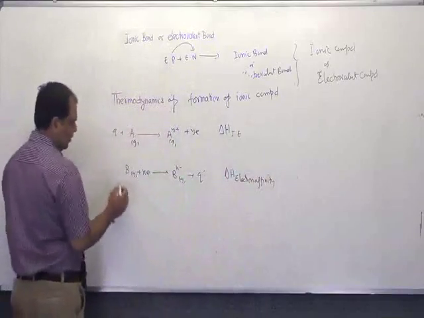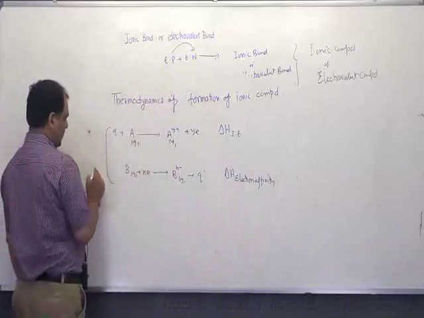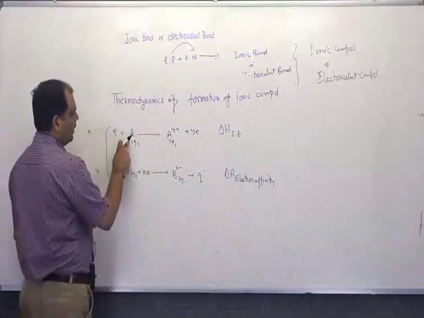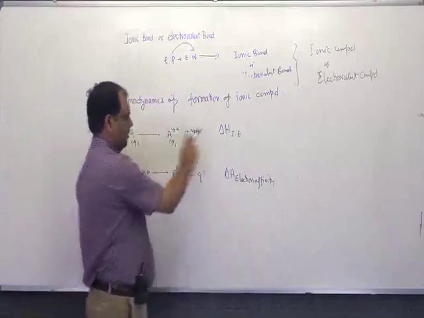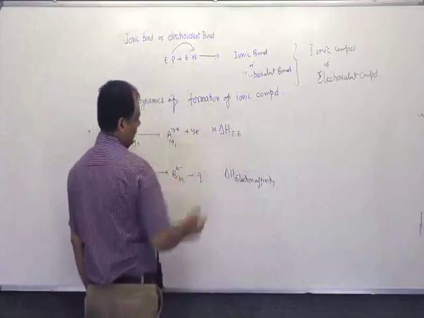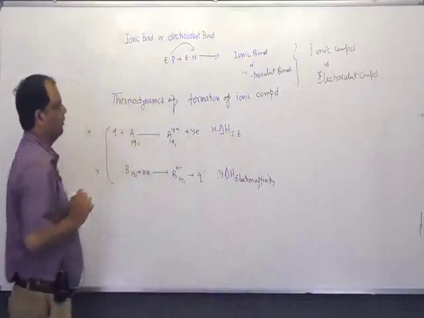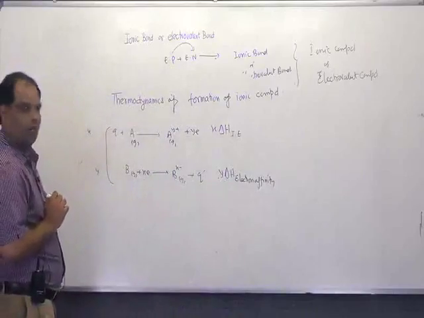Now again just see it. If we multiply this equation by x and that by y, now 1 mole atom requires this much energy, so x moles will require energy multiplied by x, and y moles will require energy multiplied by y.